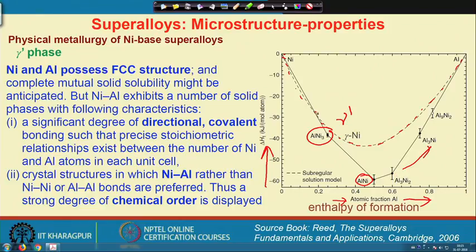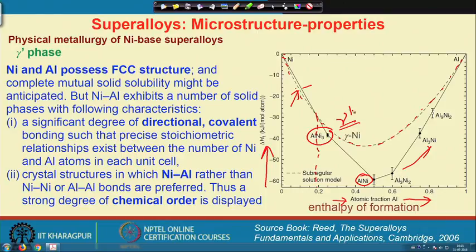You can see that up to, let us say, 0.2 and close to that, the formation enthalpy of the solid solution phase is preferred, whereas just beyond this composition range, the gamma prime Ni3Al phase is preferred. Now, if we add aluminum to a nickel lattice, are nickel aluminum bonds more preferred, or aluminum bonds, or nickel bonds?